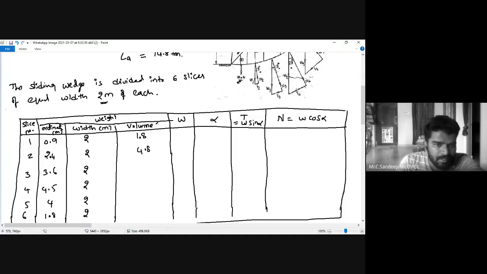This is in meter cube. Don't forget, this is in meter cube. Then 3.6 into 2 is 7.2. Then 4.5 into 2, that is 9. And 4 into 2, that is 8. And 1.8 into 2, that is 3.6.